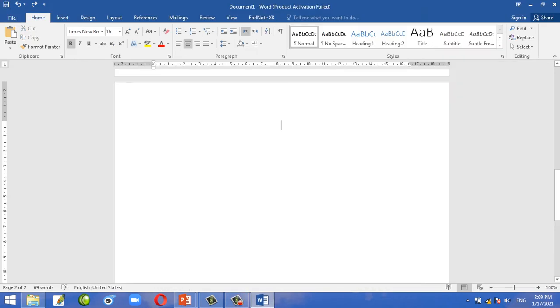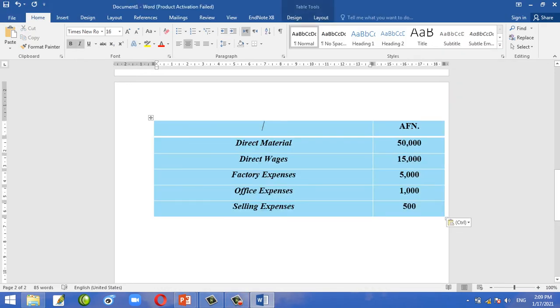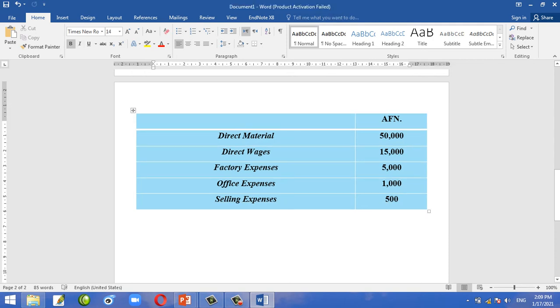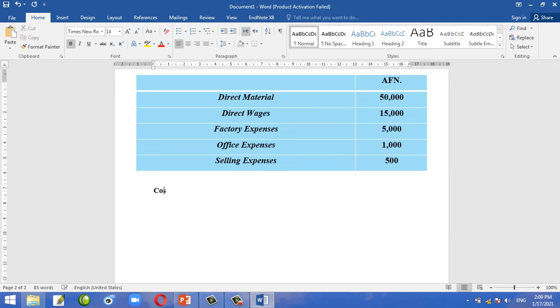So we can prepare the cost statement. How can we prepare a cost statement?